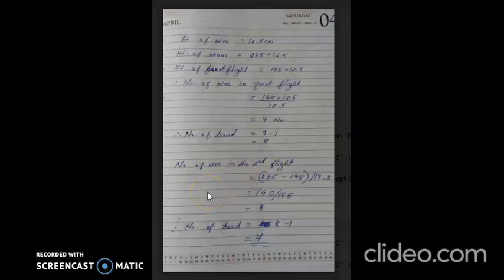So the number of rise in the second flight is equal to 285 plus 12.5 minus 145 plus 12.5, which is the same as 285 minus 145, divided by 17.5, which is the height of one rise. We get 140 by 17.5 as 8. In the second flight there are 8 rises, and the number of tread should be less by 1, which is 7 treads.